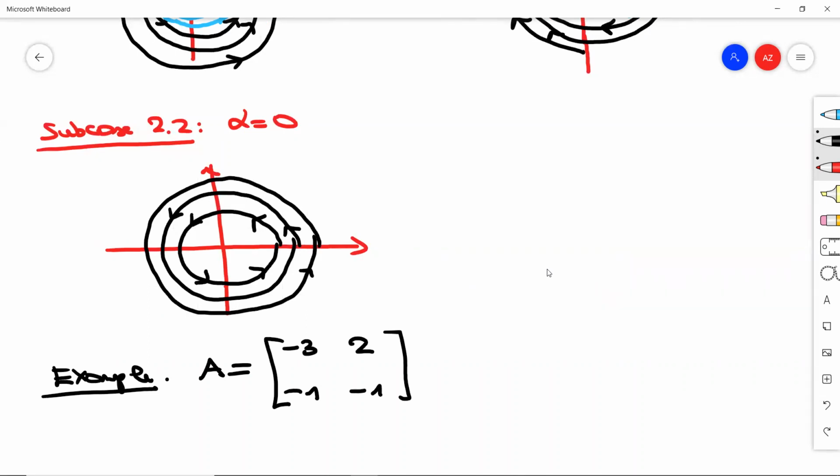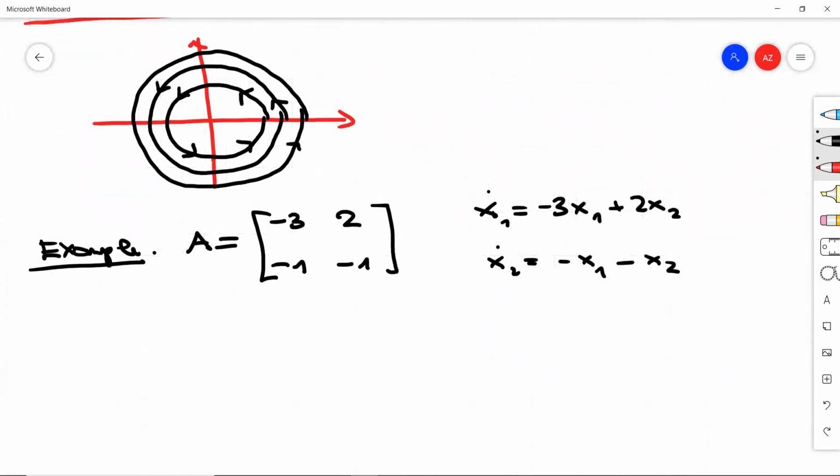It would be clear from the determinant of A minus lambda identity that the eigenvalues are complex conjugate. So this is our A, then our system is x1 prime is -3x1 plus 2x2, and x2 prime is -x1 minus x2.